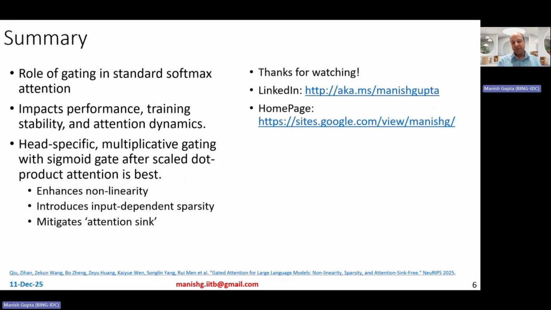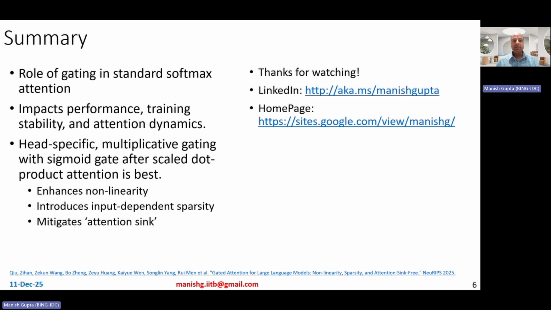So in summary, this is a very, very simple idea in this paper. This paper explores the role of gating in the standard softmax attention, which is like the crux of the transformers and the large language models today. This attention gating in the attention computation actually makes performance better.